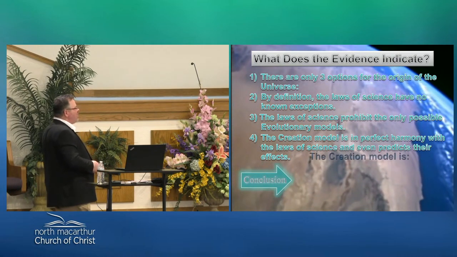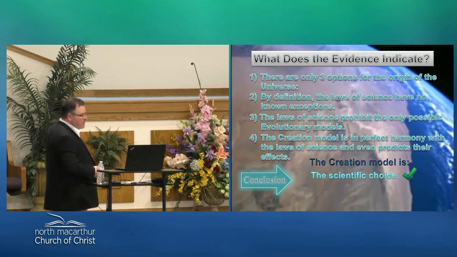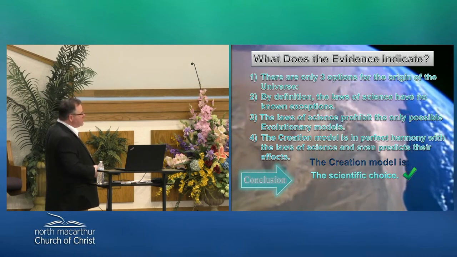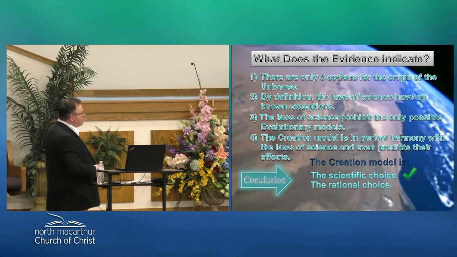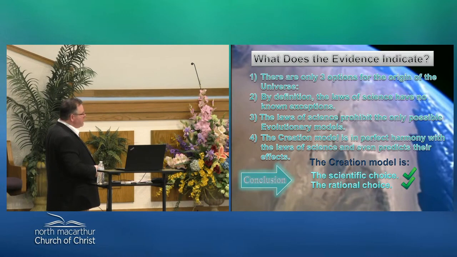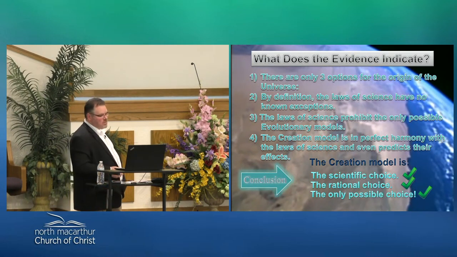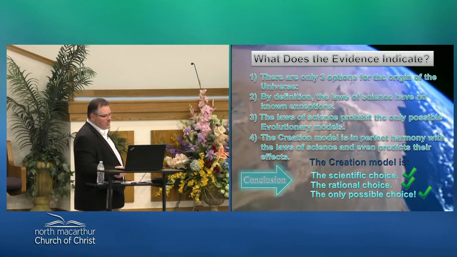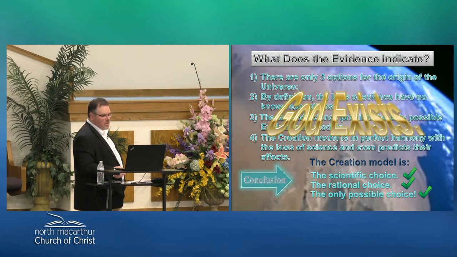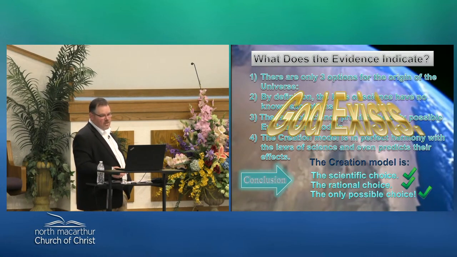So, the logical conclusion from the evidence: creation is scientific because it does not violate the laws of science. It is rational because it is a conclusion that is demanded by the evidence. And it's the only possible choice once you eliminate the other two options. So by implication, there has to be a God. And you don't have to see Him to logically know there has to be. The evidence demands it.